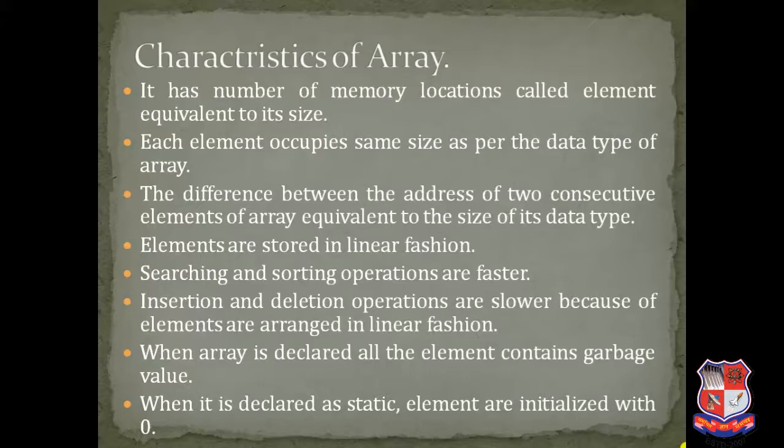The difference between the addresses of two consecutive elements of array is equivalent to the size of its data type. It means if we have an integer array of 5 elements, then the address difference between the first element and the second element will be 2 bytes.